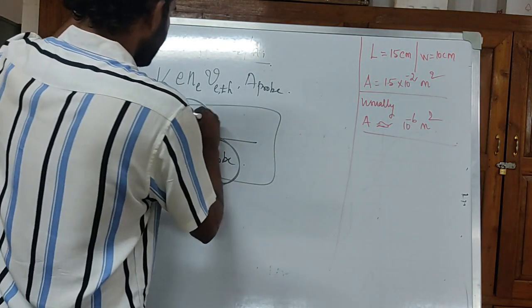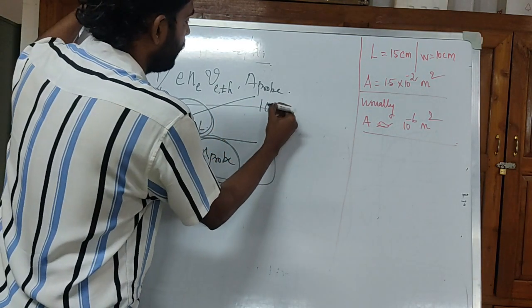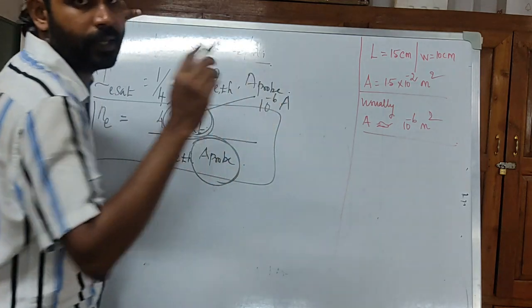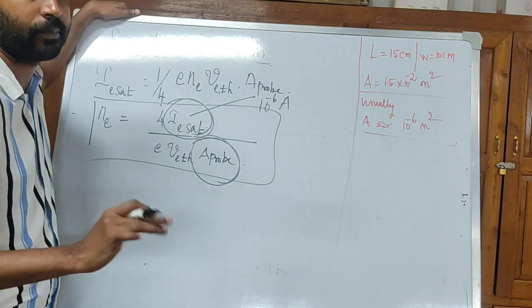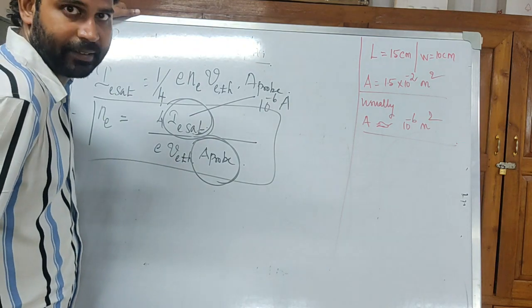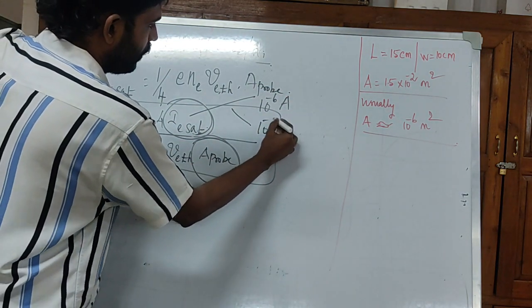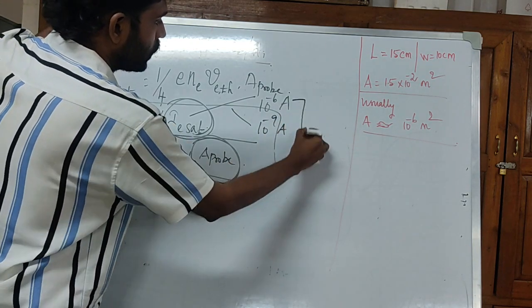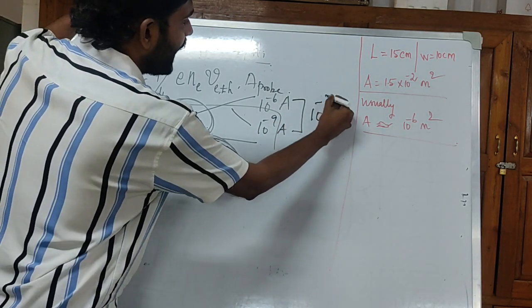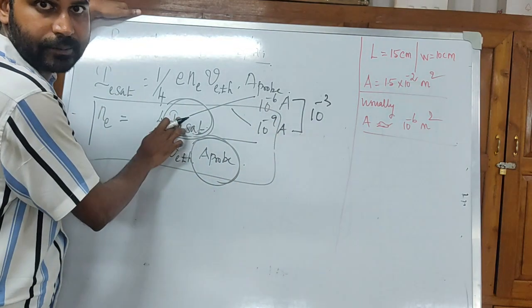Usually this electron saturation current is of the order of 10 power minus 6 ampere, in microamperes, for a double probe in low pressure plasma. But what we get in our setup is 10 power minus 9 ampere. So there is a 3 order drop as far as this parameter is concerned.